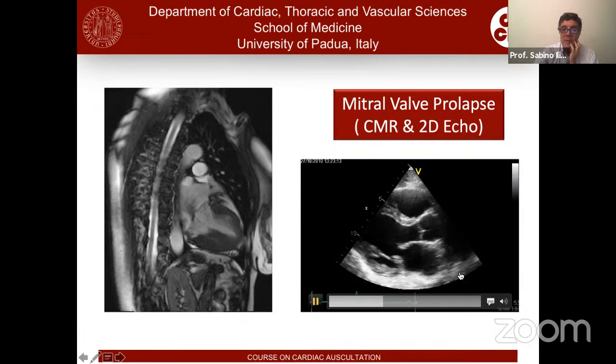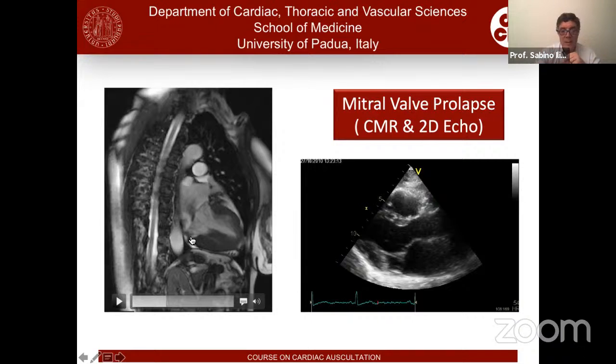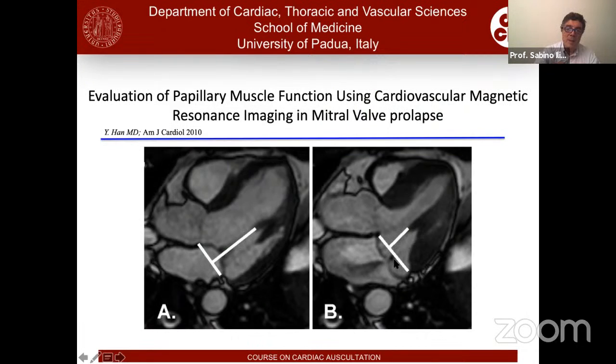This abnormality is the key factor for understanding everything in mitral valve prolapse. So in these images, we have a nice recording, prolapse of both leaflets, mitral regurgitation, and this abnormality. This abnormality is better seen here with the prolapse and the annulus that is enlarged.